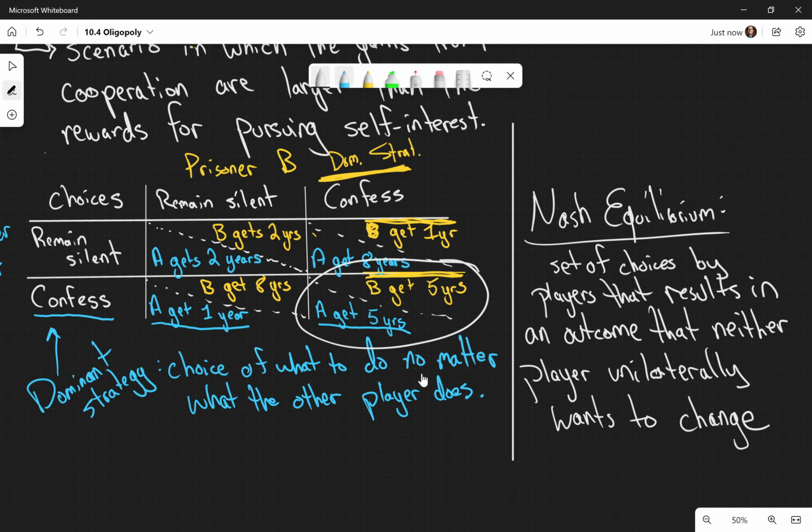So it is a Venn diagram kind of situation, right? Where, for our particular example, this is our dominant strategy, the two dominant strategies, and then this is our Nash equilibrium.